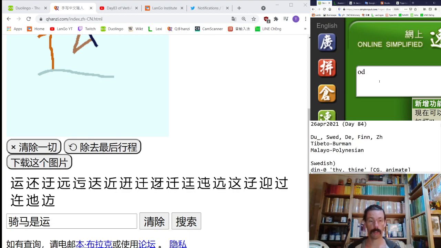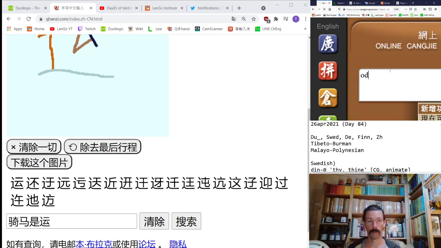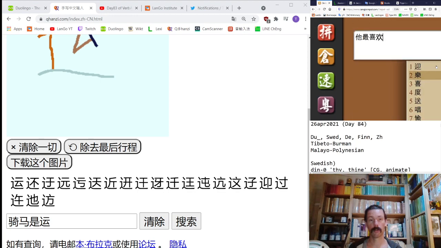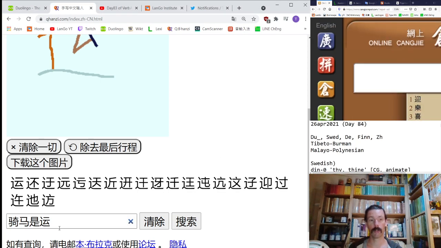O D, P D. 他, A S J E. 最. 喜欢, G R T R. And it predicts 的 helpfully. So I'm going to convert this and grab it. 是他最喜欢.